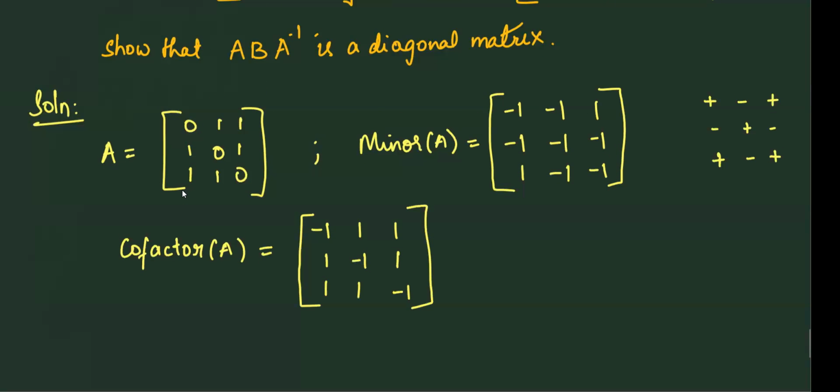Now these are cofactors. Now what is the determinant? Determinant of A is 0 multiplied with minus 1, plus 1 multiplied with 1, plus 1 multiplied with 1, equal to 2.